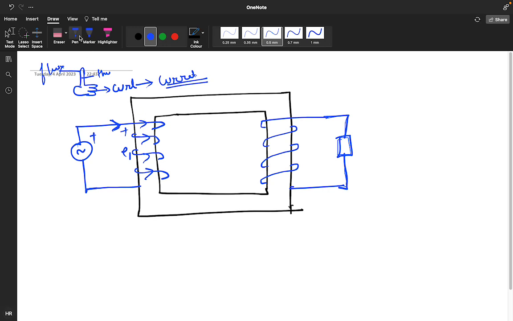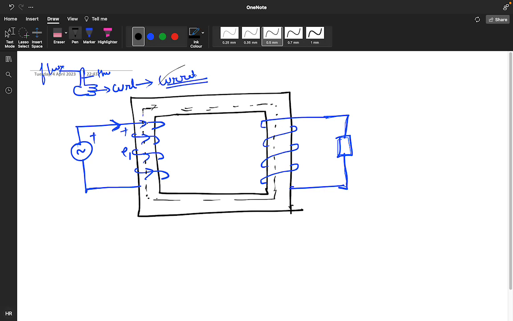So the flux directions will be in these directions.